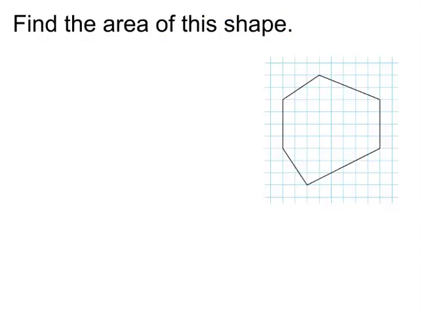So it says find the area of this shape. So the best thing to do in this problem is to do what? Create rectangles and triangles. So there are numerous ways you can do this. Okay, I could go ahead and take out a rectangle here in the middle.